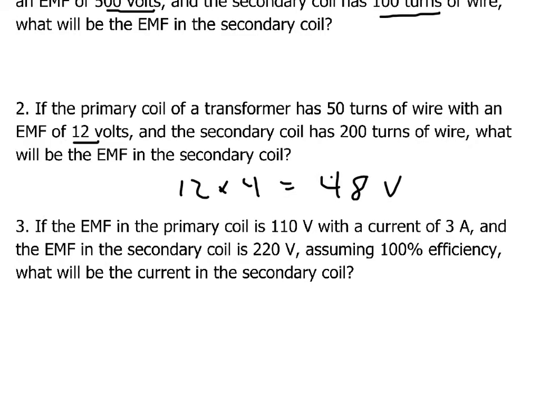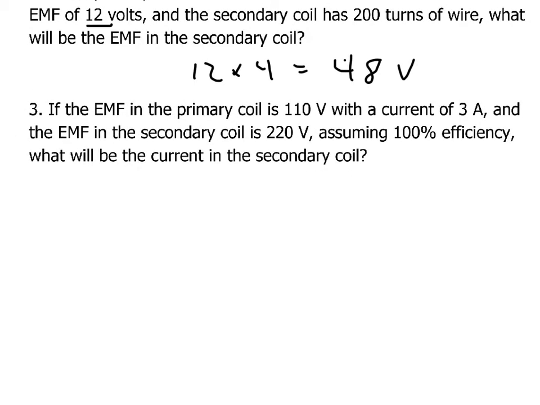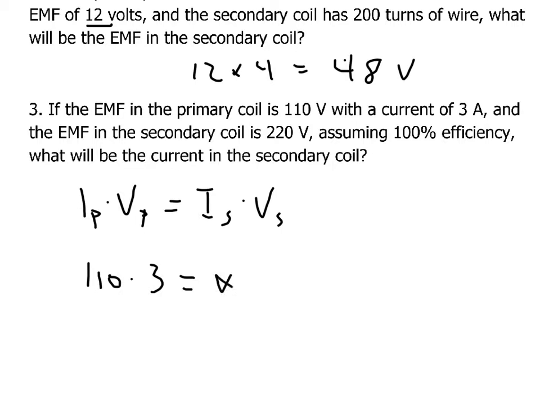Alright, moving on to the last problem here. This one we have the other formula. We're going to do I sub p times V sub p is equal to I sub s times V sub s. So let's just plug in the numbers. Primary is 110 times 3, which is going to equal X times 220.